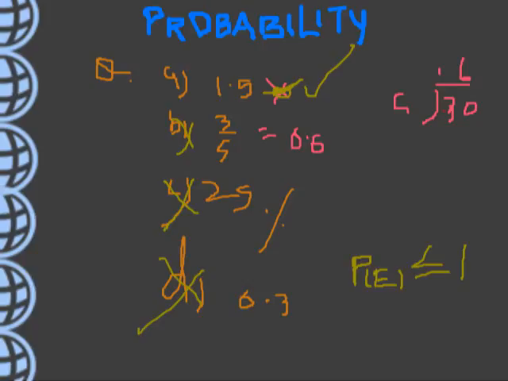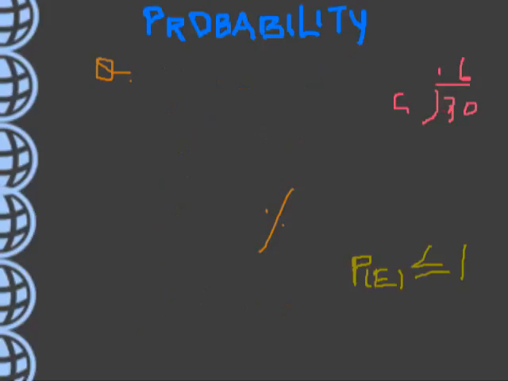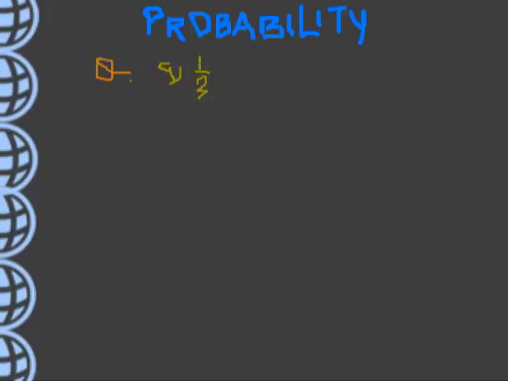Okay, the next question is also the same kind. Which of the following cannot be the probability of an event? The options given are 1 by 3, the second option is 0.3, the third option is 33%, and the fourth option is 7 by 6.